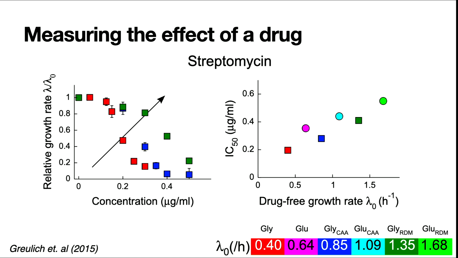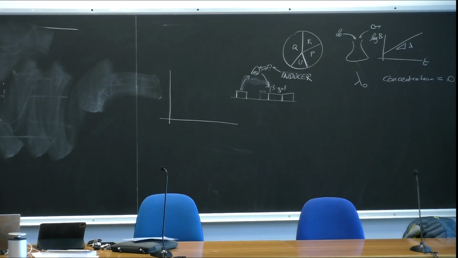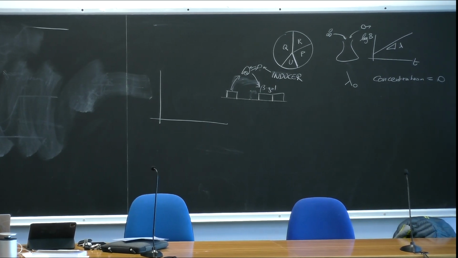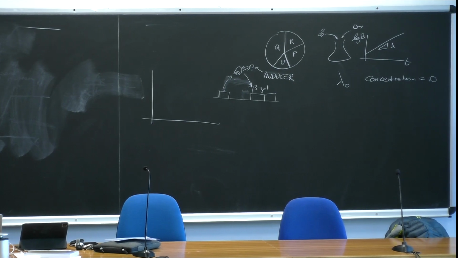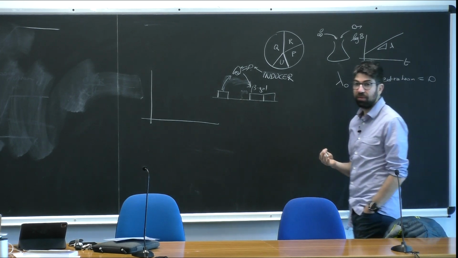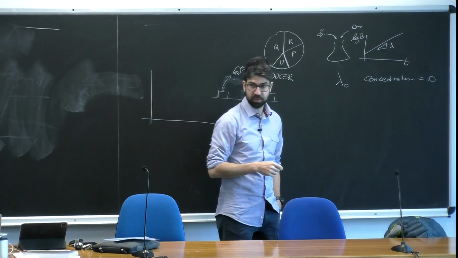So focus on one color. Now, what you can do is repeat the same experiment with different nutrients, and different nutrients correspond to different initial growth rates, so to different values of lambda naught.